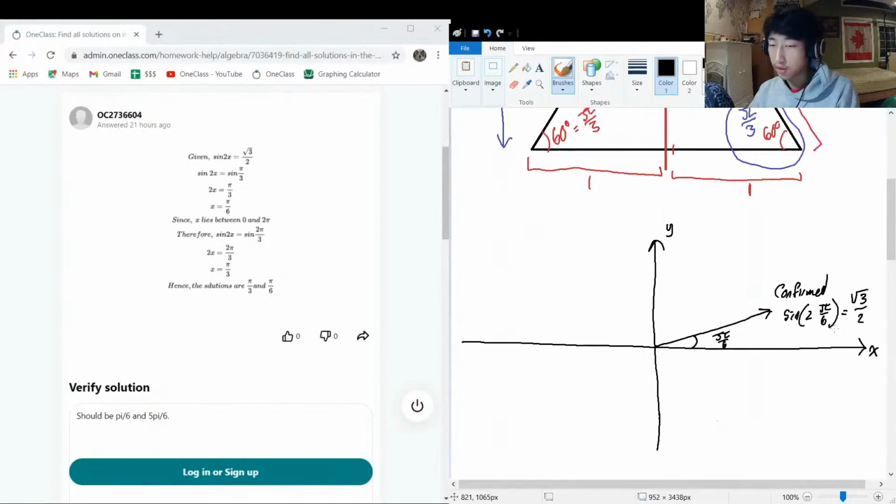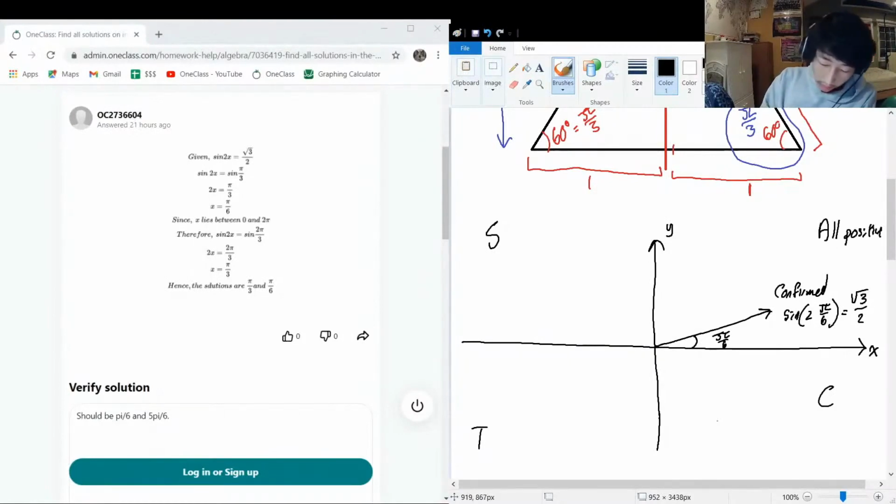So let me introduce you to something called the CAST rule. If you write out CAST like here, the first letter corresponds to who's positive in these quadrants. Here, all are positive. Here, sine is positive, but tan and cos are negative. Here, tan is positive. And here, cos is positive.